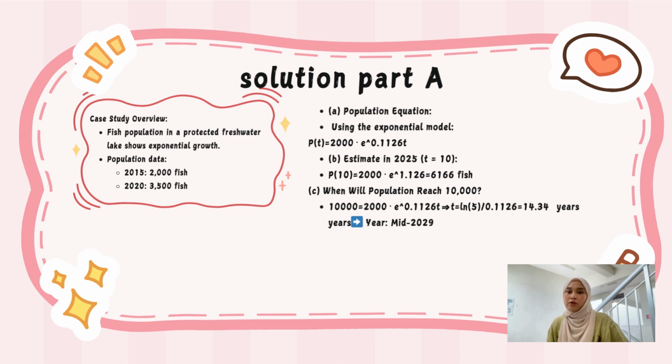Substituting into the formula, 3,500 equals 2,000 e to the power 5k, e to the power 5k equals 1.75, k equals 0.1126. So the population model becomes P(t) equals 2,000 e to the power 0.1126t. This means the population will reach 10,000 around mid-2029.